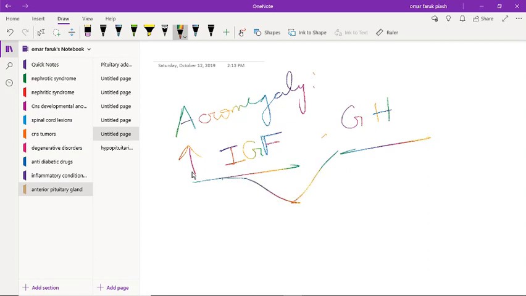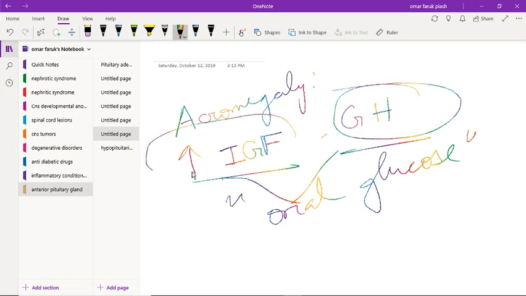When we give oral glucose, normally growth hormone is suppressed, but in acromegaly, in spite of giving oral glucose, there is no suppression of growth hormone. That is the way of diagnosing acromegaly.